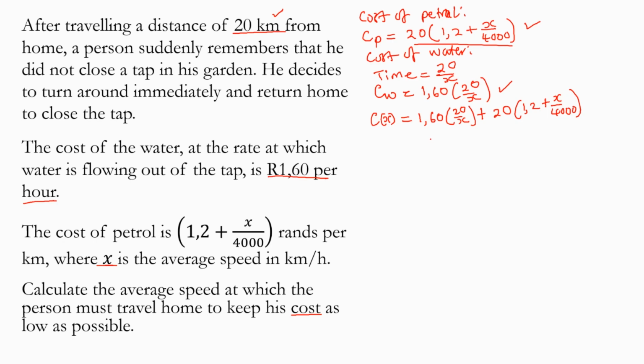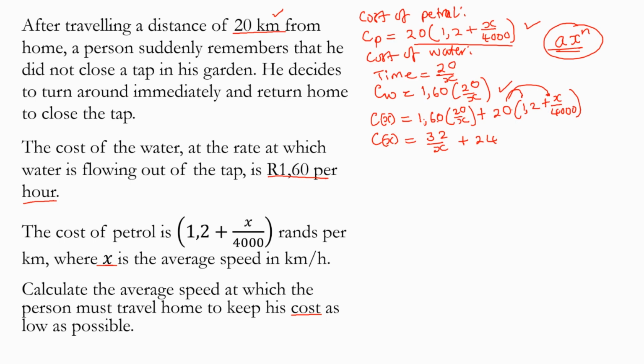So now we have to derive this and equate it to 0. Right. Remember that for us to derive, our terms of the expression must be in the form a times x to the power n. So we have to make sure that we have our terms in this form first before we do anything. Right, let's simplify. So C of x is equal to 160 times 20, that is 3,200, so this is 3,200 over x plus 20 times 1 comma 2, that is 24. You can use your calculator here. We're distributing the 20 here.